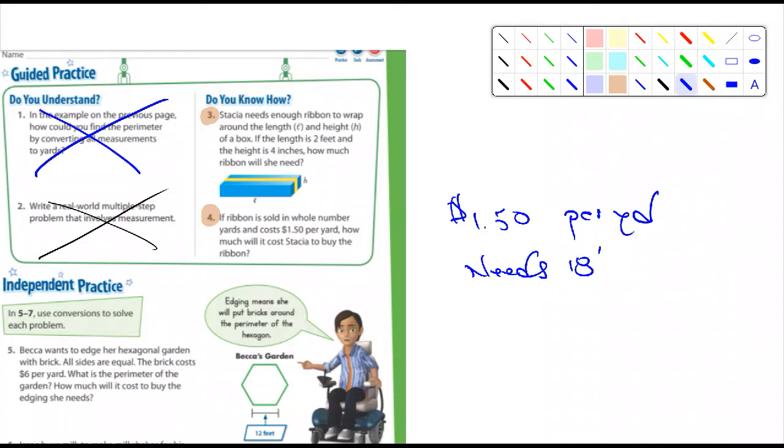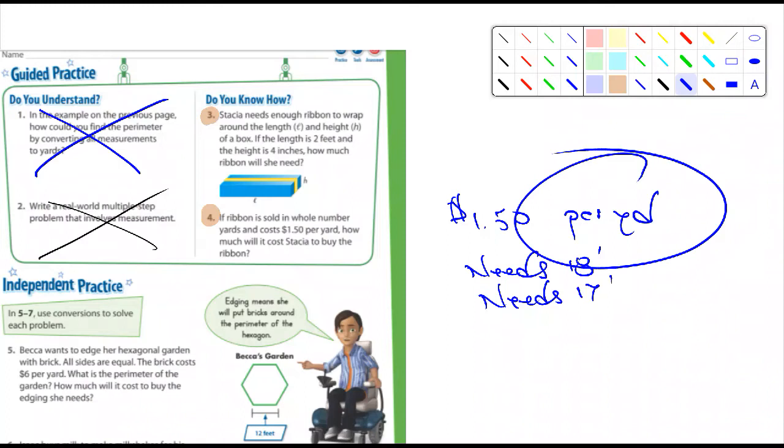But what if she needs 17 feet? How many yards would she need? Well, they only sell it per yard.